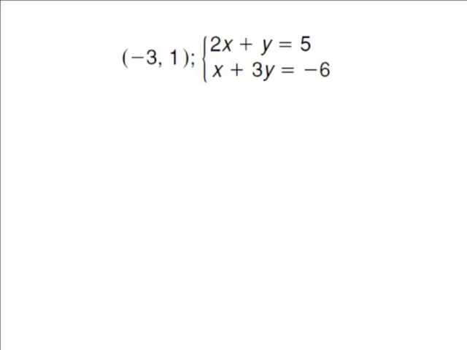Alright, next one. Is this point a solution to the system? I do the same thing. This is x and this is y. So everywhere I see an x, I put -3. I'm going to do this first one right here first. 2 times -3 plus 1 equals 5. Let's see if it works.